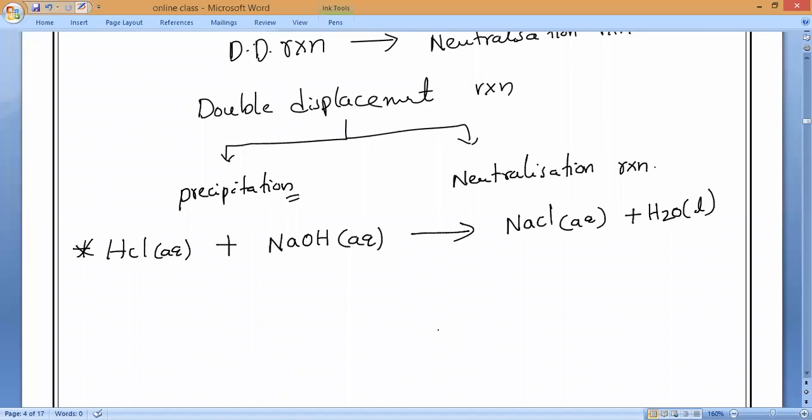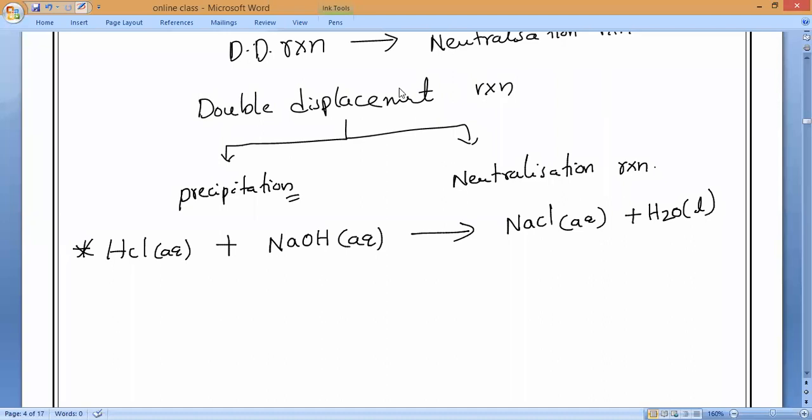Sodium hydroxide only. Okay. Right. Clear? Okay. So, yes, sir.